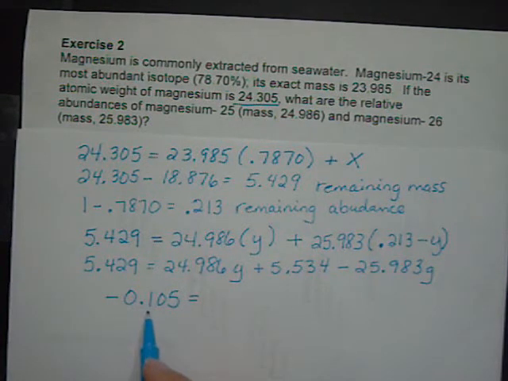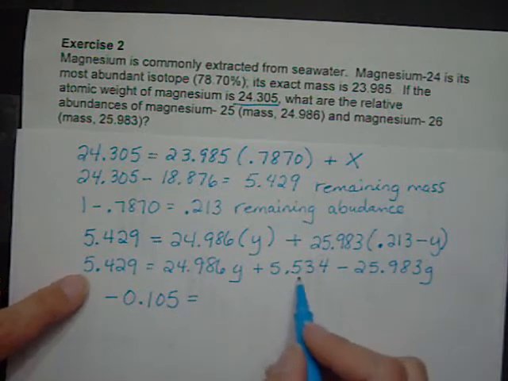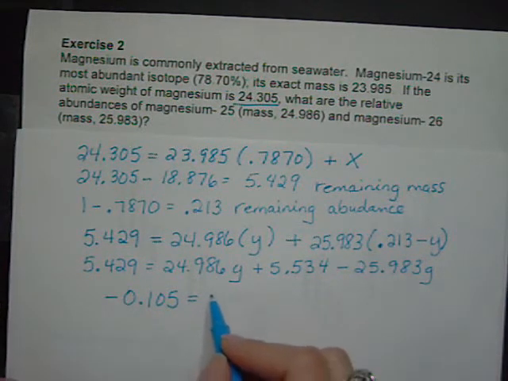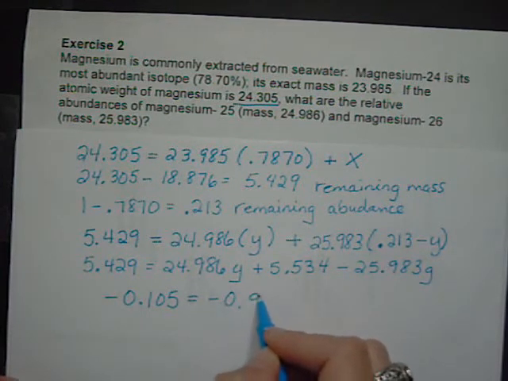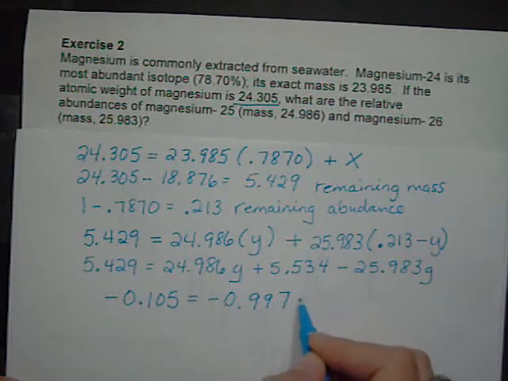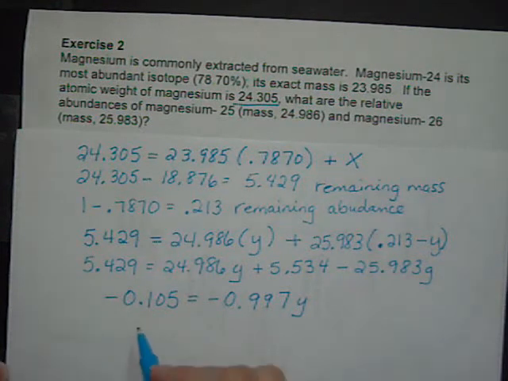So here I just combined my 5.429 and my 5.534, and then next I'm going to combine my y values, and both of these are negative, don't let that scare you. And now I'm going to solve for y. And this tells me that y is 0.1053.